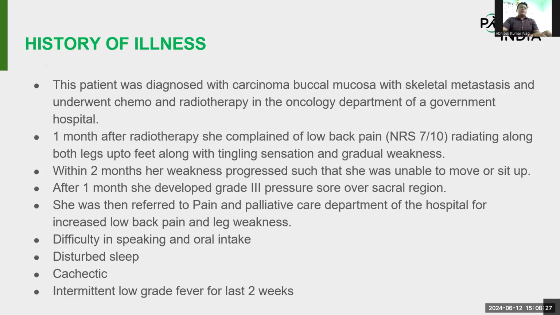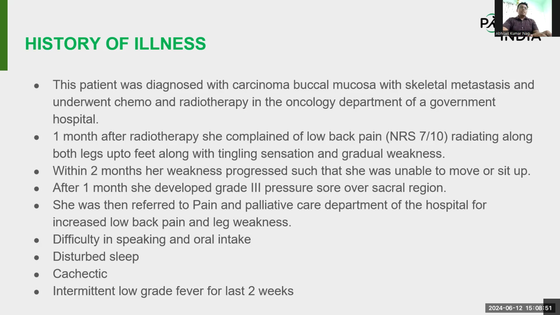This patient was diagnosed with carcinoma buccal mucosa with skeletal metastasis and underwent chemo and radiotherapy in the oncology department of the government hospital. 1 month after radiotherapy, she complained of lower back pain, radiating along both legs up to feet, along with tingling sensation and gradual weakness. Within 2 months, her weakness progressed such that she was unable to move or sit up.